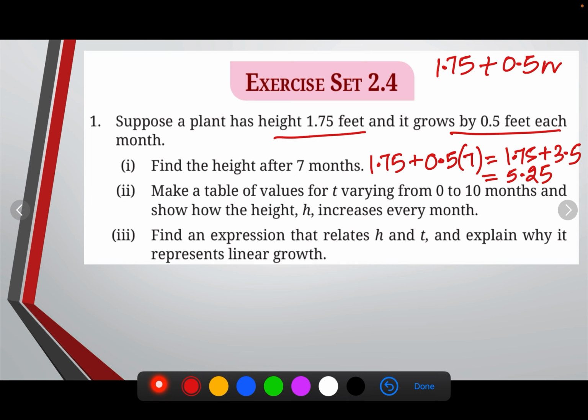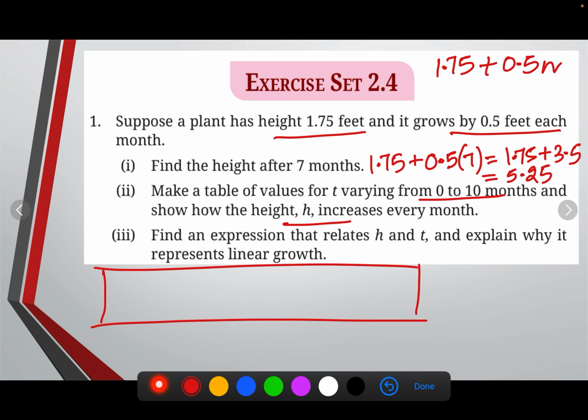Make a table for the values of t varying from 0 to 10 and show how the height h increases every month. So it grows, it is saying h as a height. Again I have to make a table where I'll show it from 0 to 10.